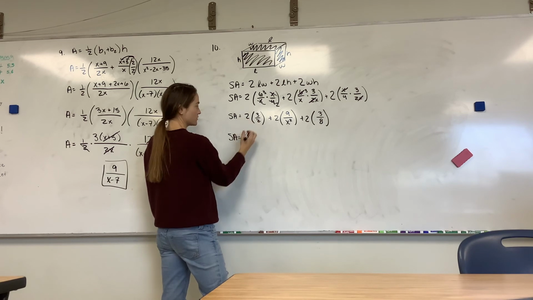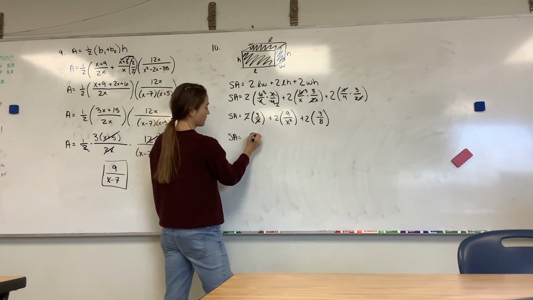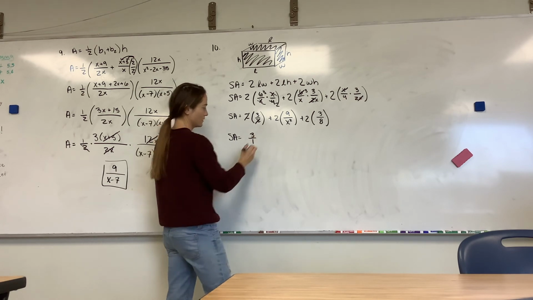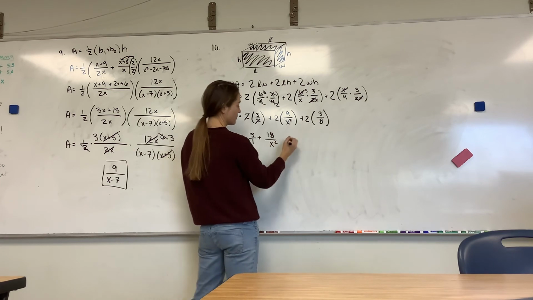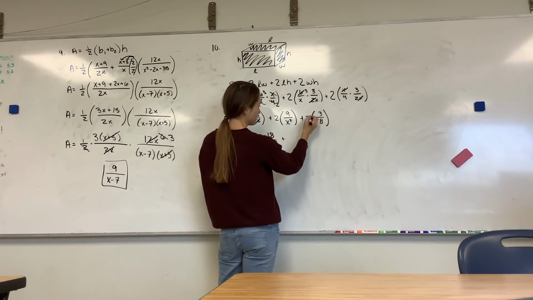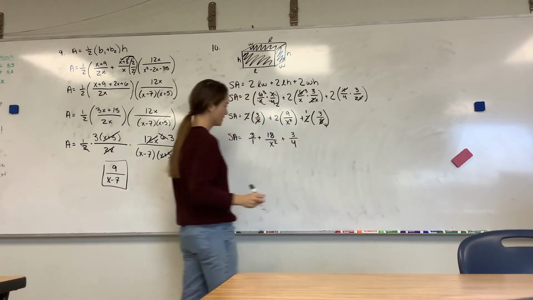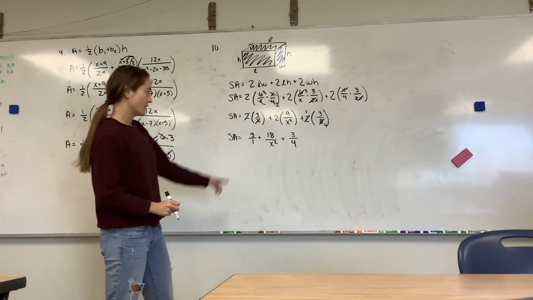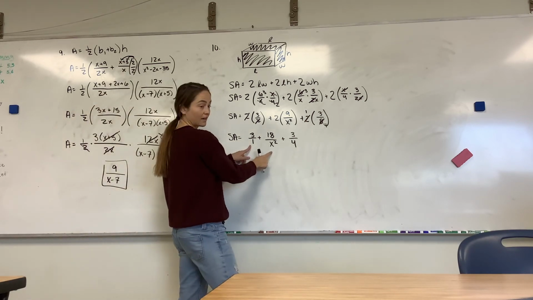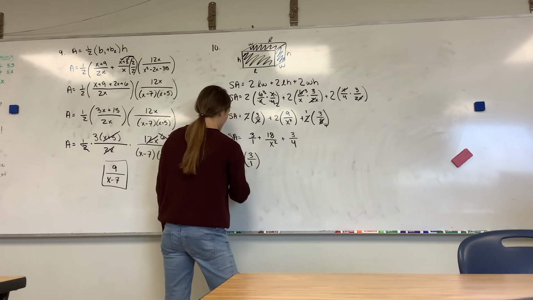So if I put the 2's all in, 2's here cancel out, and I'm left with a 3 over 1 plus 18 over x squared plus 3 over 4. Before I can add all these expressions, I have to have a common denominator. It looks like this one is missing a 4 and an x squared, so I'm going to multiply a 3 over 1 by the 4x squared over 4x squared.